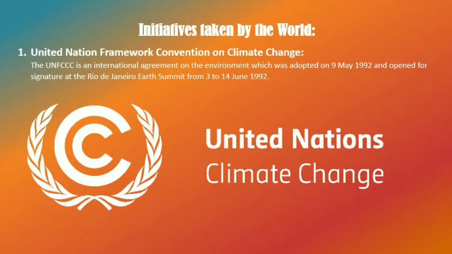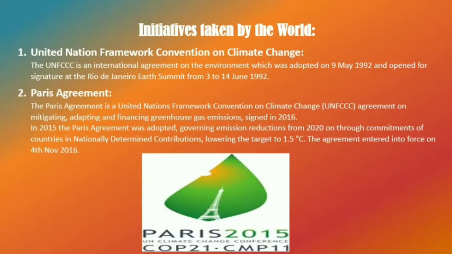Now the second initiative the world has taken is by uniting members. In this agreement they made a framework convention on climate change agreement on mitigation, adaptation and financing of greenhouse gas emissions, signed in 2016.